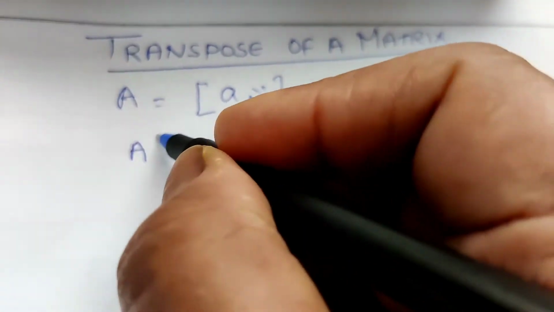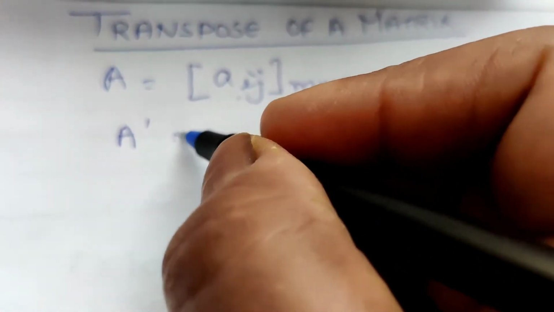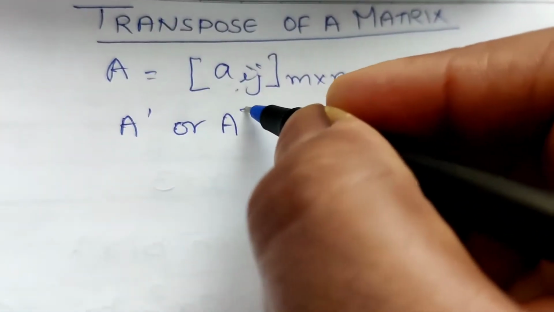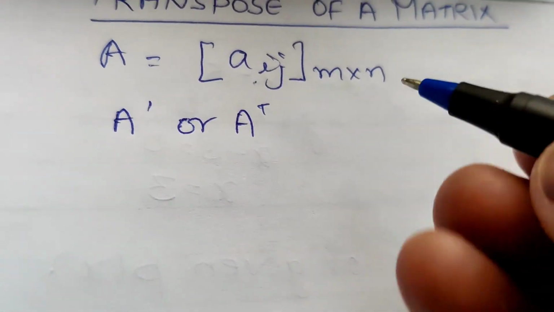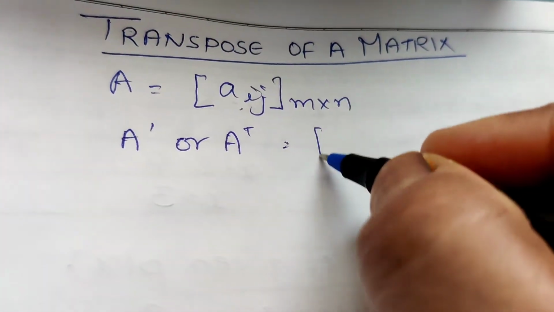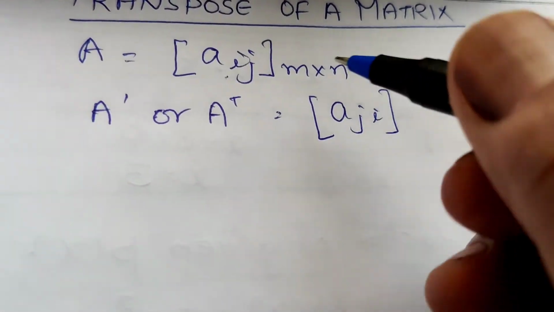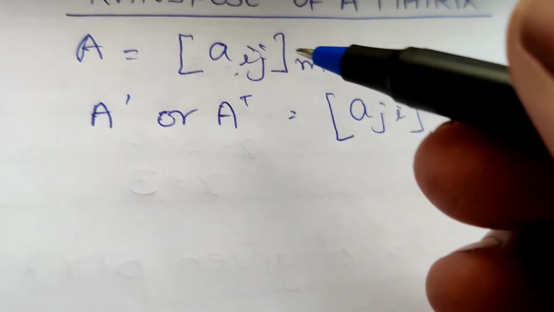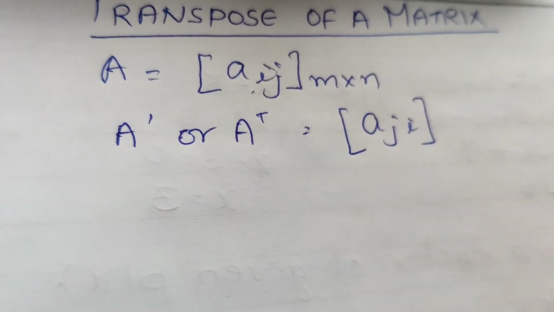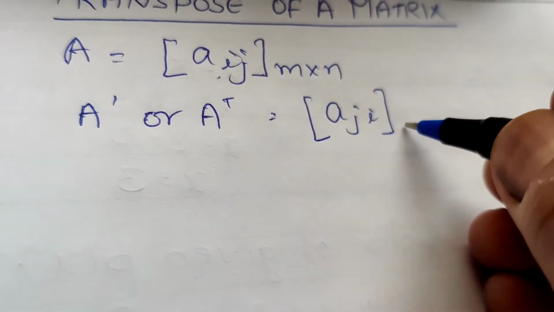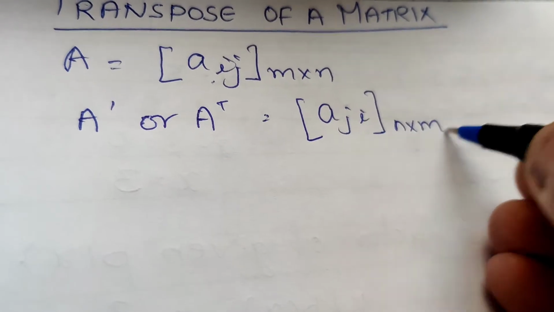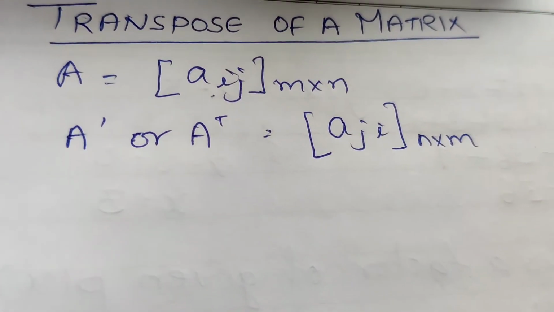It can be represented by A dash or A^T. The transpose is Aji. Just convert rows into columns and columns into rows, giving a matrix of order n by m. This is the transpose of a matrix.